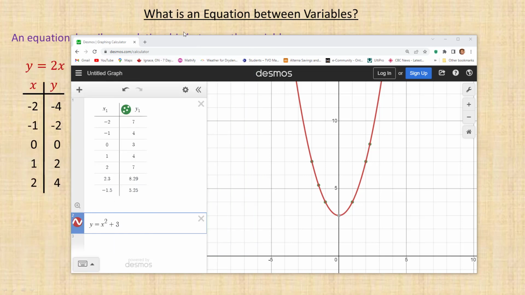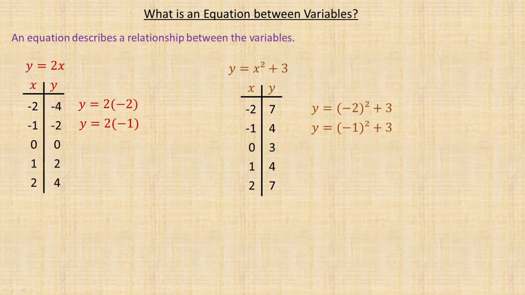Let me move this off. Okay, so here's my equation. y equals x squared plus 3. That point I said, maybe you made a calculation error and you thought this should be 13.